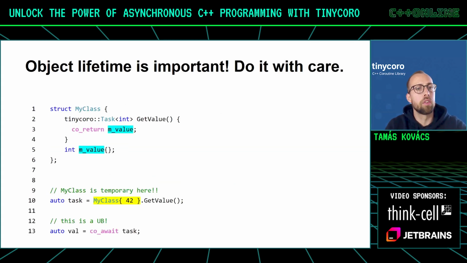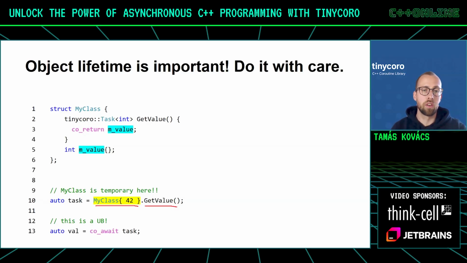But what about structs and classes? So in this example, my class has a coroutine function member, which is returning just the value of this class. As an example, we are creating my class here as a temporary, invoking its get value member function, which gives us the task, and we are trying to co_await it.